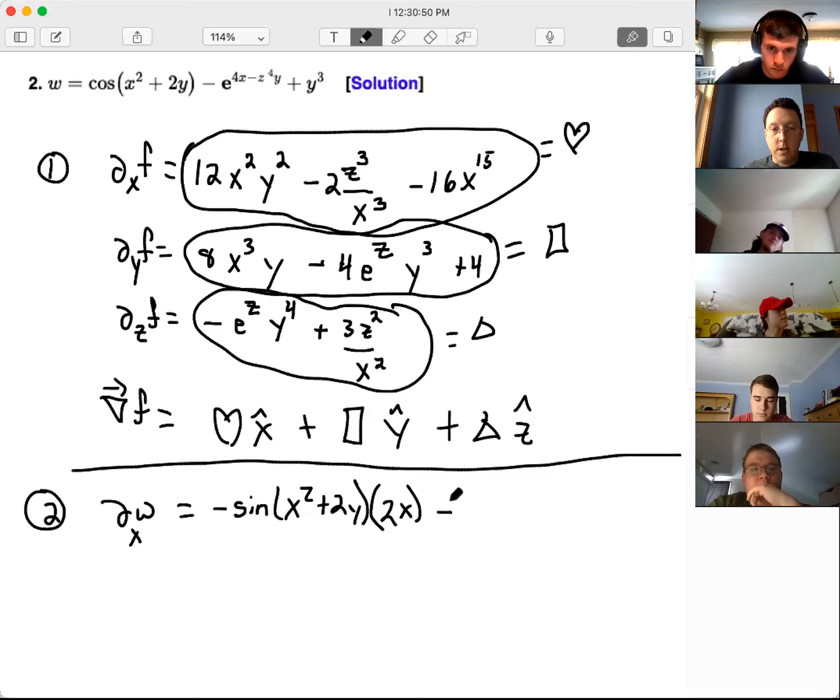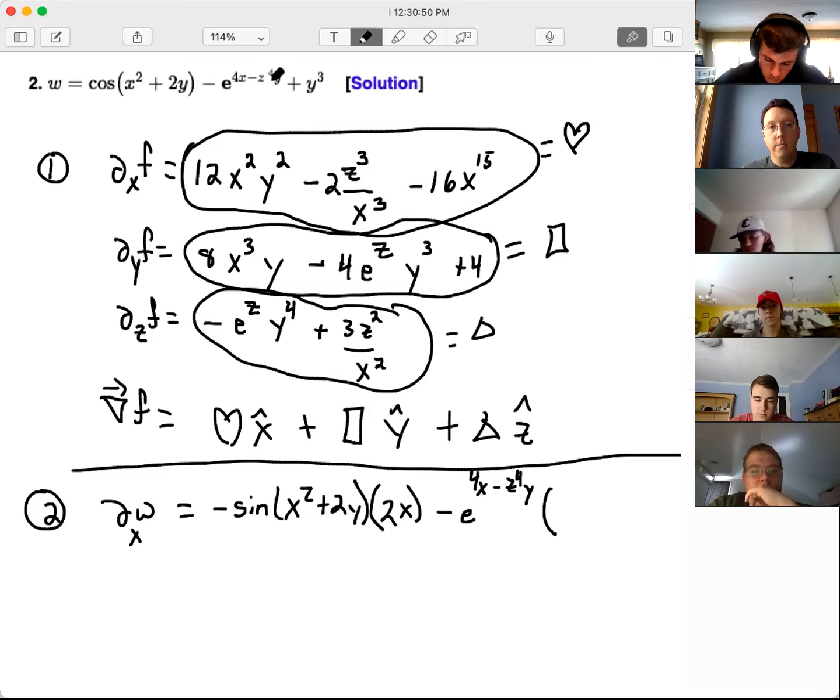And it's an exponential, so I get an exponential back. And that's multiplied by the partial derivative of this inner thing, which with respect to x is just going to be 4. And then this bit doesn't matter.